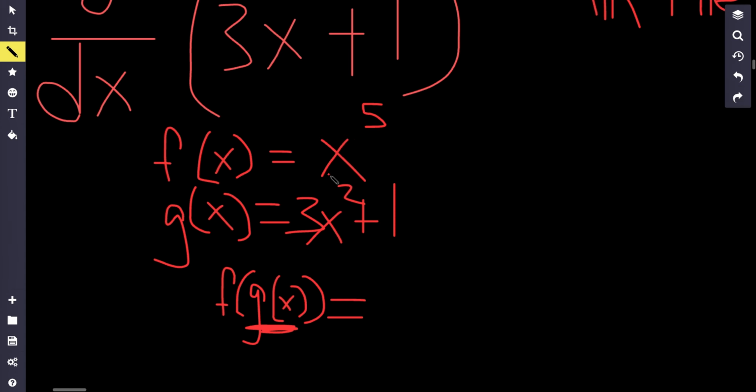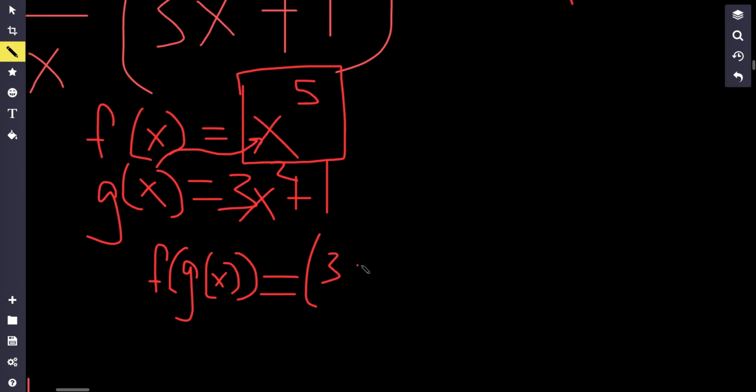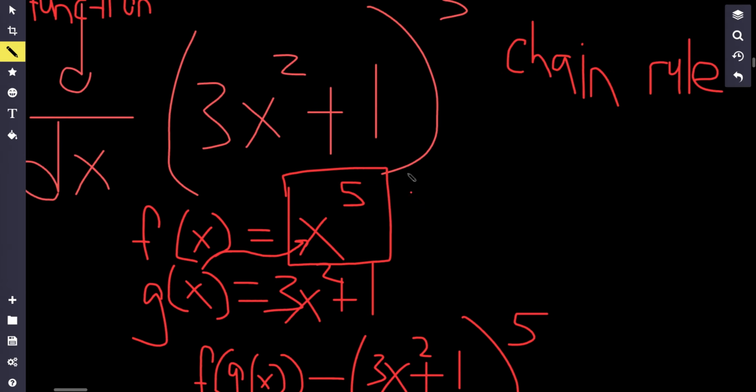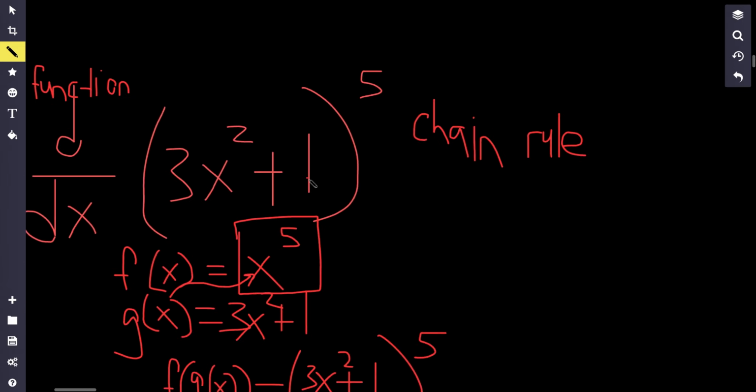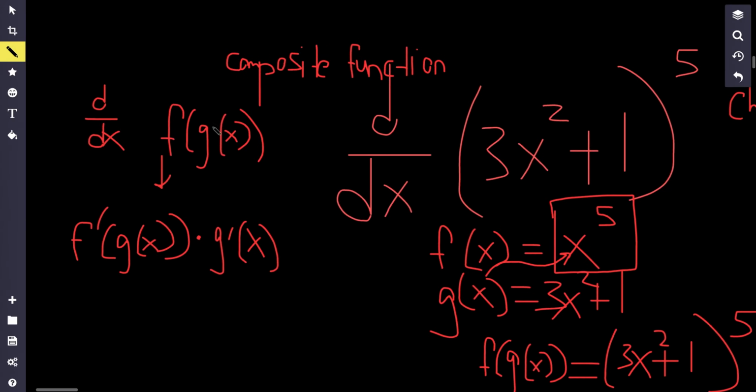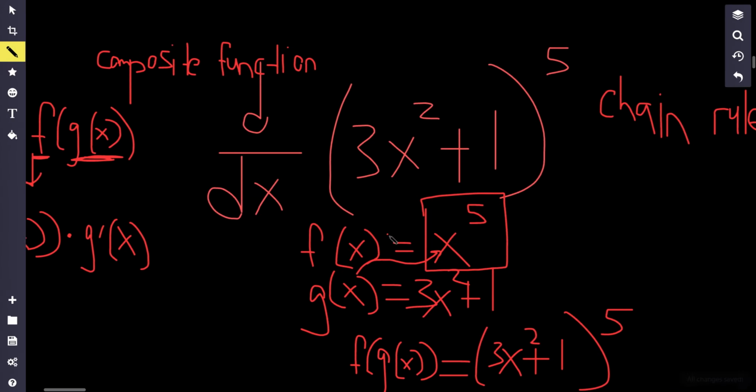It's basically substitution. So it's just going to be 3x to the 2nd power plus 1, all to the 5th power. We just substituted x with 3x to the 2nd power plus 1. So this is a composite function, because it's a function inside of another function. Now that we've identified what's our f of x and what's our g of x, we're able to solve this.